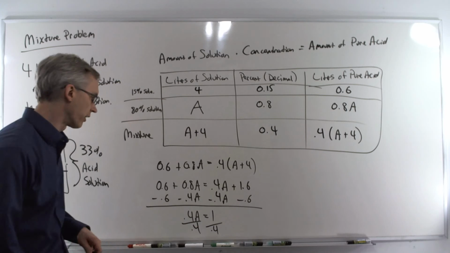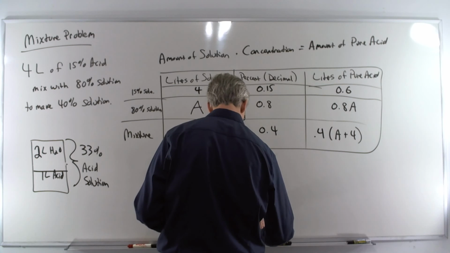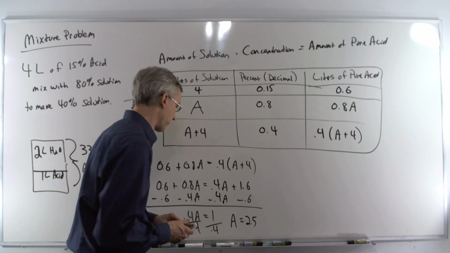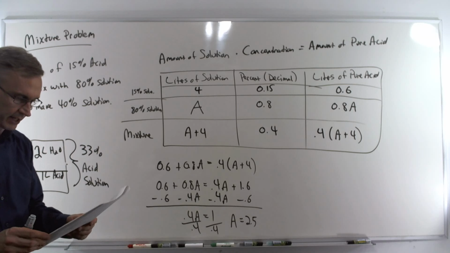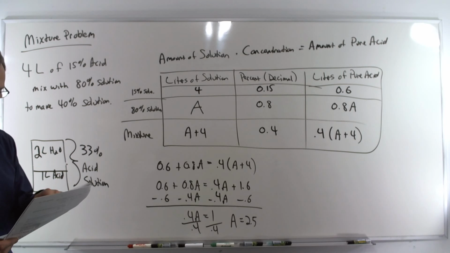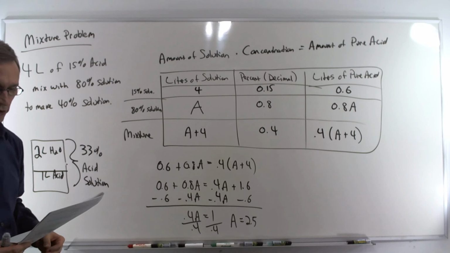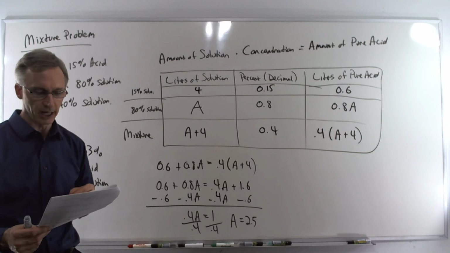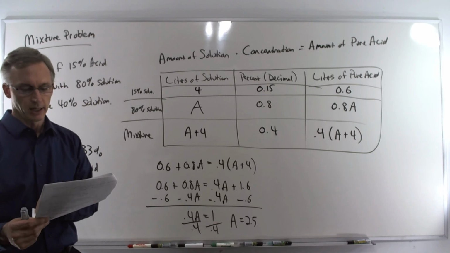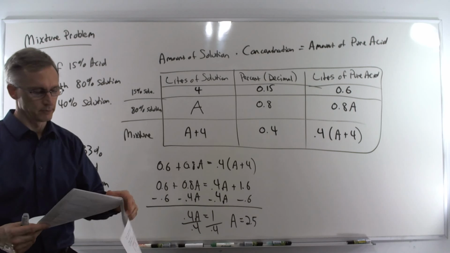All right, so we get 0.4A equals 1, divide both sides by 0.4, and A equals 2.5. So that gives us 2.5 liters of the 80% solution. So we take that 4 liters of 15%, add 2.5 liters of 80%, we are going to get a solution that is 40% acid.